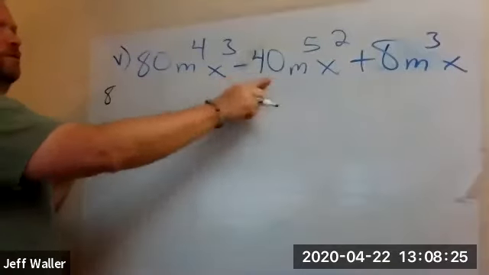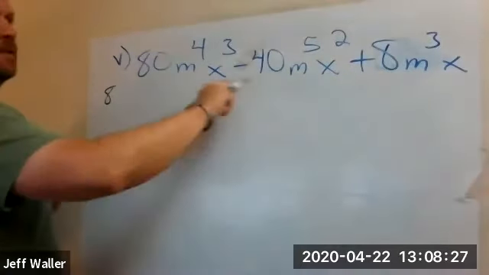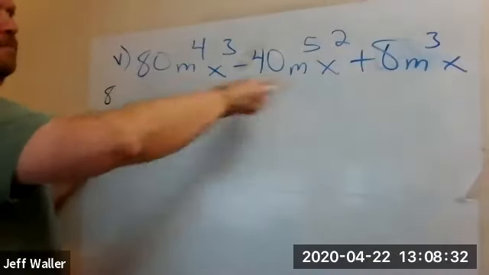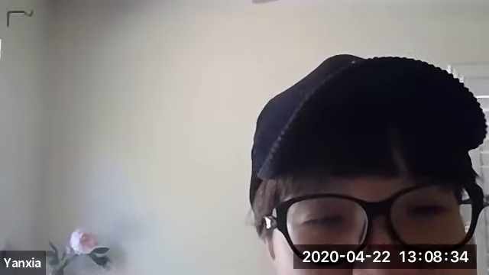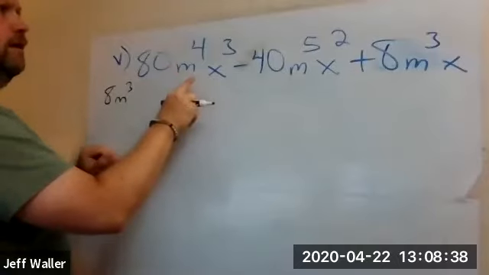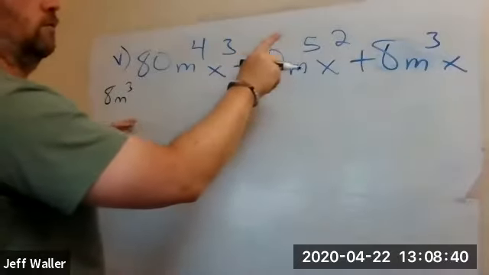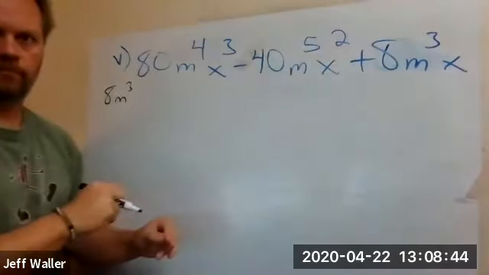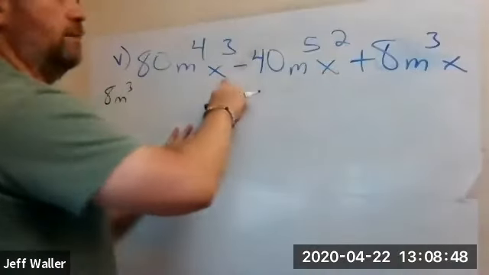So I can definitely take an 8 out of all three of those. How many M's can I take out? 3. How many X's can I take out? 1. Yeah, that's the most they all have in common, right?